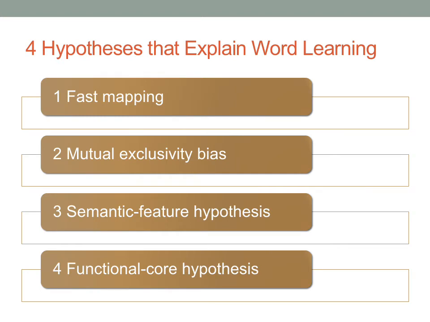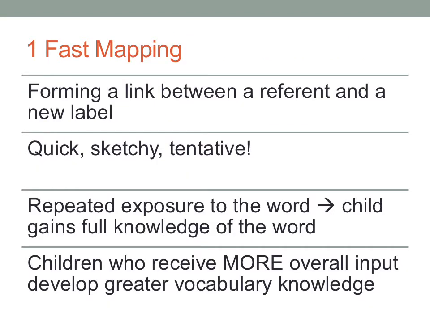So there are several different hypotheses that explain semantic word learning. And we're going to work through each of these 4 hypotheses right now. Fast mapping is the first of these.